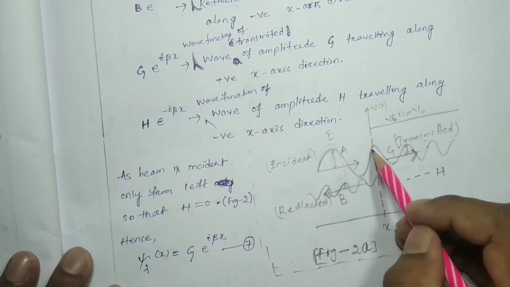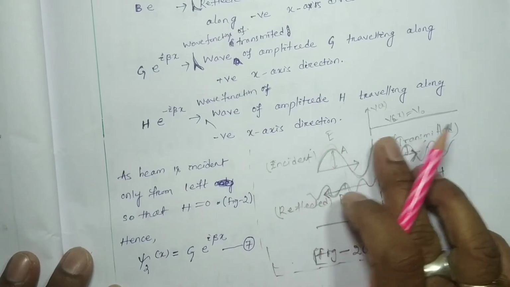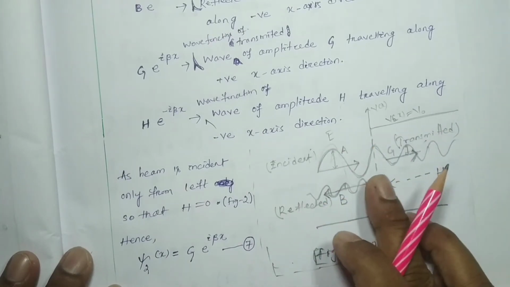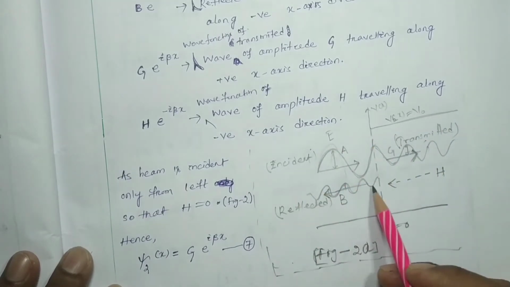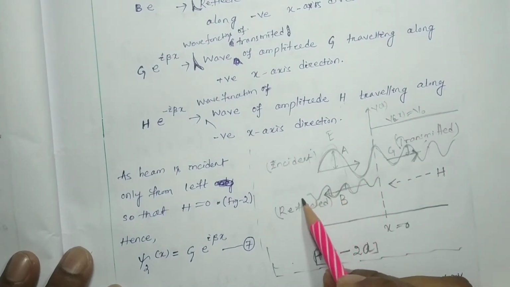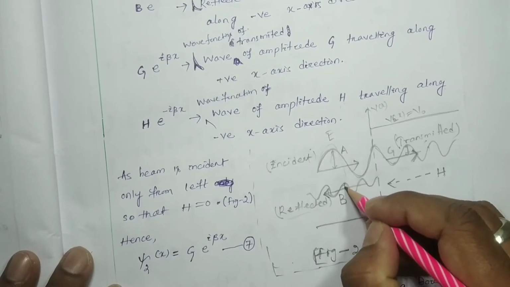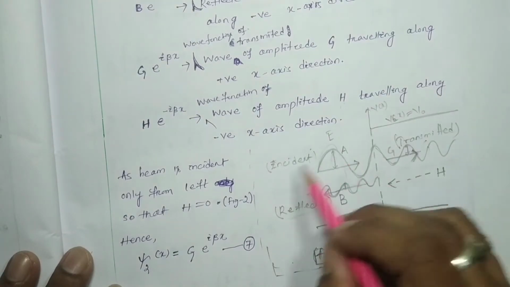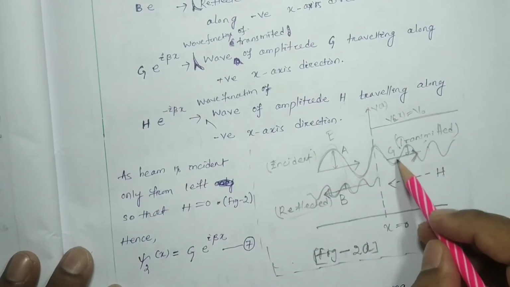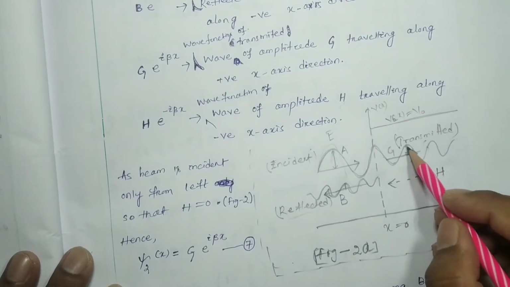So part of the flux can be transmitted, part reflected. This wave represents the reflected wave having amplitude B, this is amplitude A of the incident wave, and this is the transmitted wave having amplitude G.